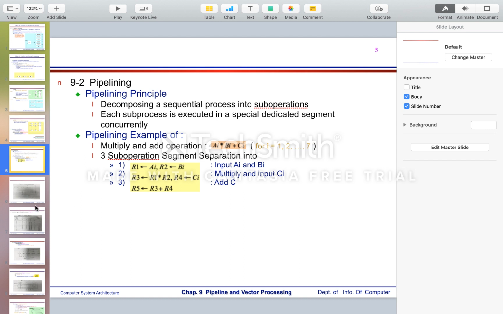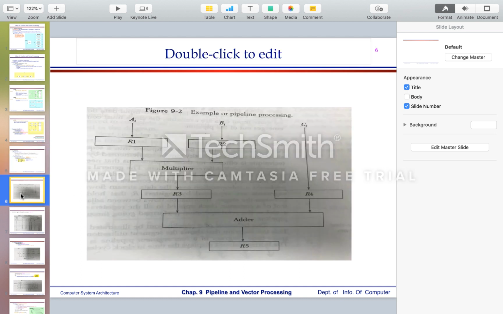Now, these three segments, we will first see how we can execute in the pipelining, as well as what kind of system we will have. In a pipelining based system, first of all we will require segments. So this is our first segment, this is our second segment, this is our third segment. Ai Bi will be stored in R1 R2, then multiplication, and we can have Ci stored into R4, and then R3 and R4 will be added.